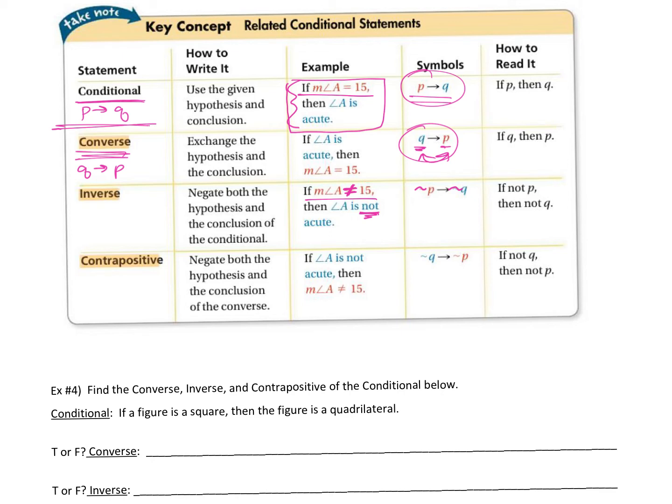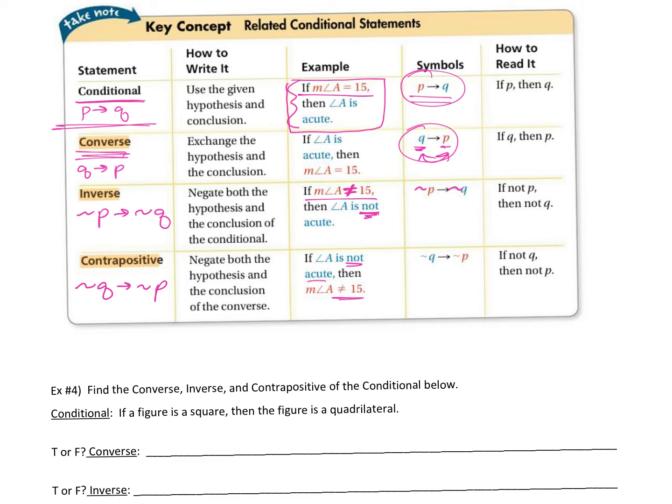If not P, then not Q. And then the last one, the contrapositive, takes the converse and the inverse and puts them together. So it switches them and negates both. This is if not Q, then not P. So if A is not acute, then A does not equal 15.